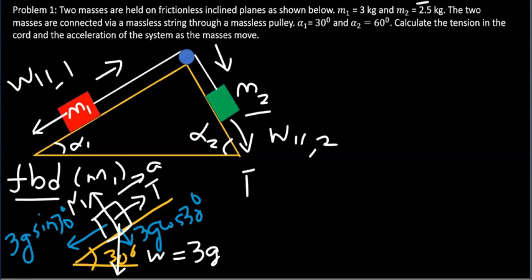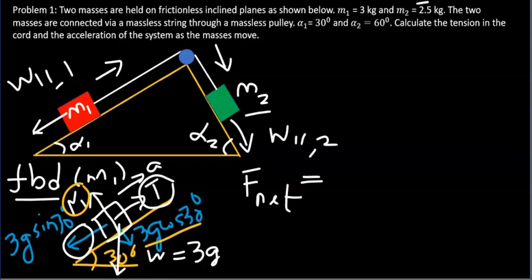Now let's write down Newton's second law. The net force equals ma. The net force on this mass m1 along the plane has got to be this minus that, because the acceleration is in that direction. Of course, the normal force and the component of weight perpendicular to the plane do not contribute in this case to the acceleration.